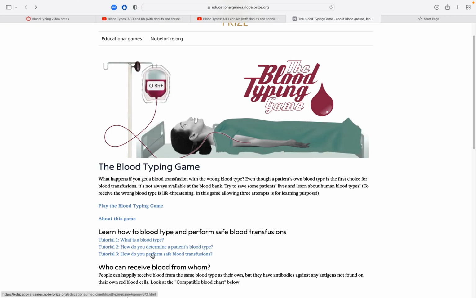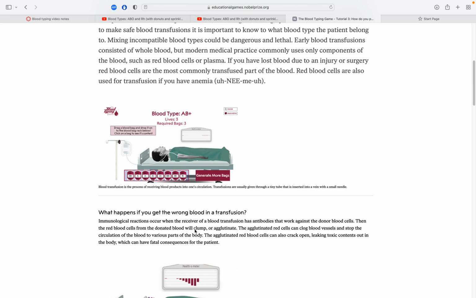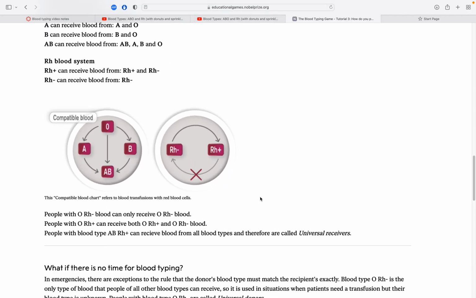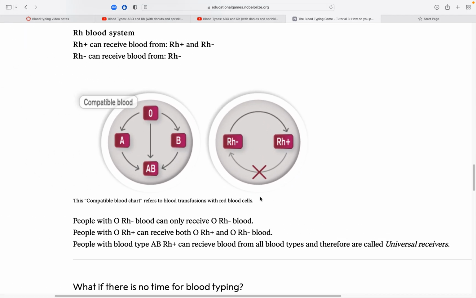So I'm going to just show you one more thing here. How do you perform a safe blood transfusion? You see on your worksheet that you have to fill in these missing blanks. Remember that chart that had all these rows and columns and you're trying to figure out? That's really confusing. But this will stick with you. How can you tell the compatibility of blood? It's these 4 squares with blood types in it.